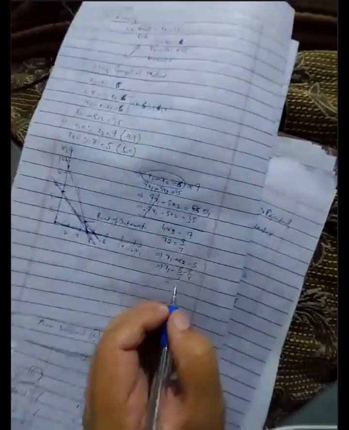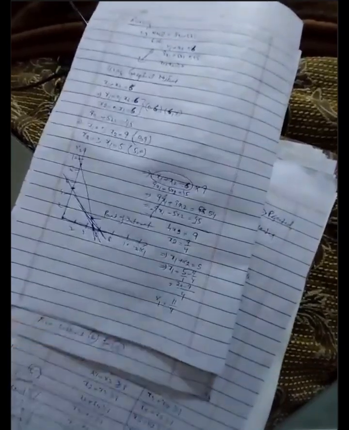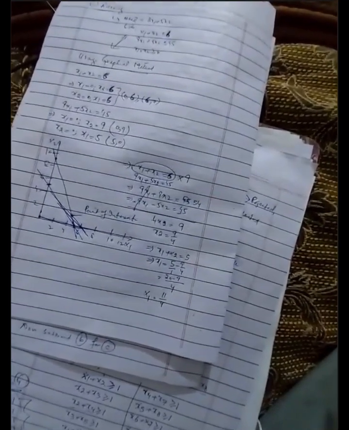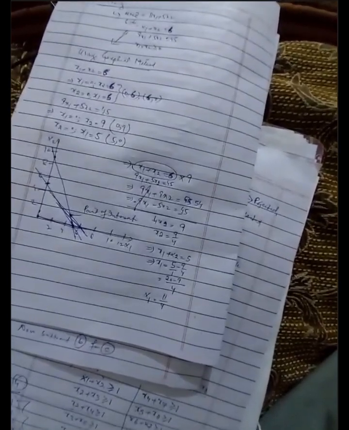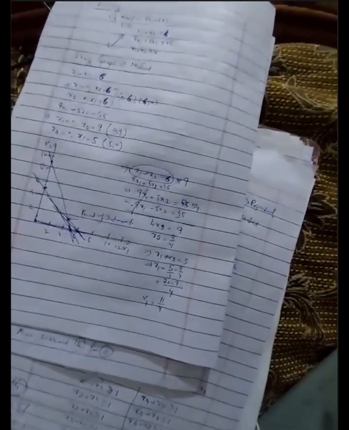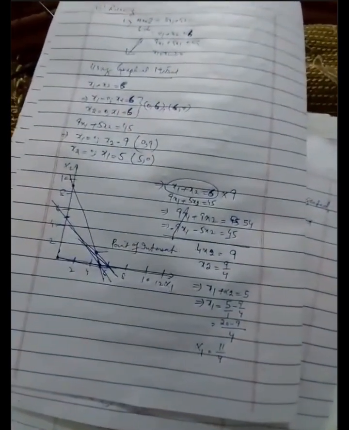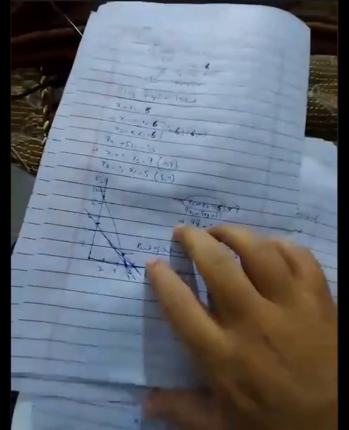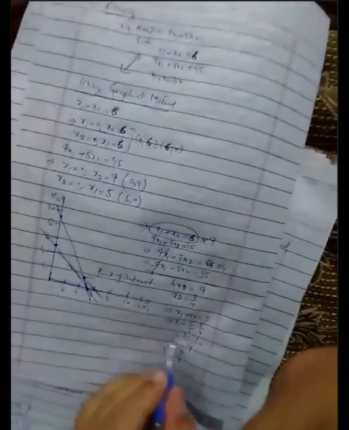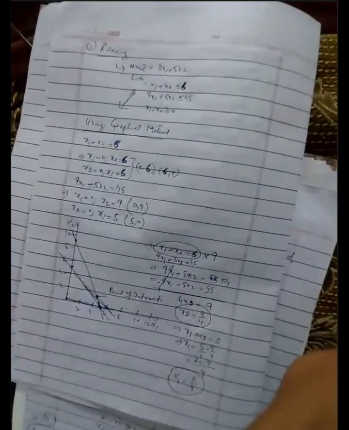If we take the LCM, we will get 4, and it will be 24 minus 9, which is equal to 15 by 4. Okay, we got both in decimal.